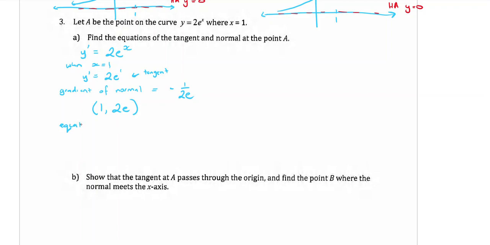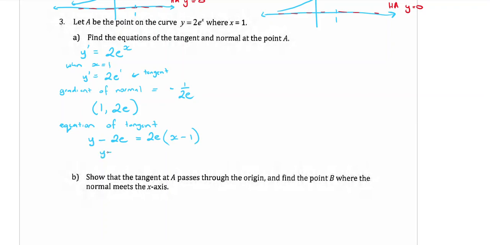Okay, now here comes the equations. Let's start with the equation of the tangent, which means I'm using that gradient and this point. Okay, so point gradient formula is y take away y1, which is 2e, equals m, which is also 2e, bracket x take away x1, which is 1. Okay, don't let all those e's in there freak you out. We just need to expand it out and get the y by itself.